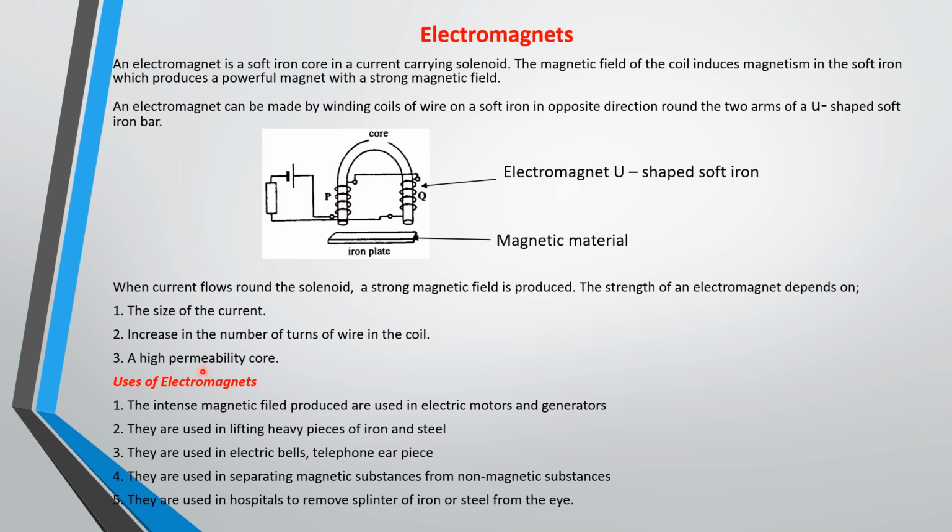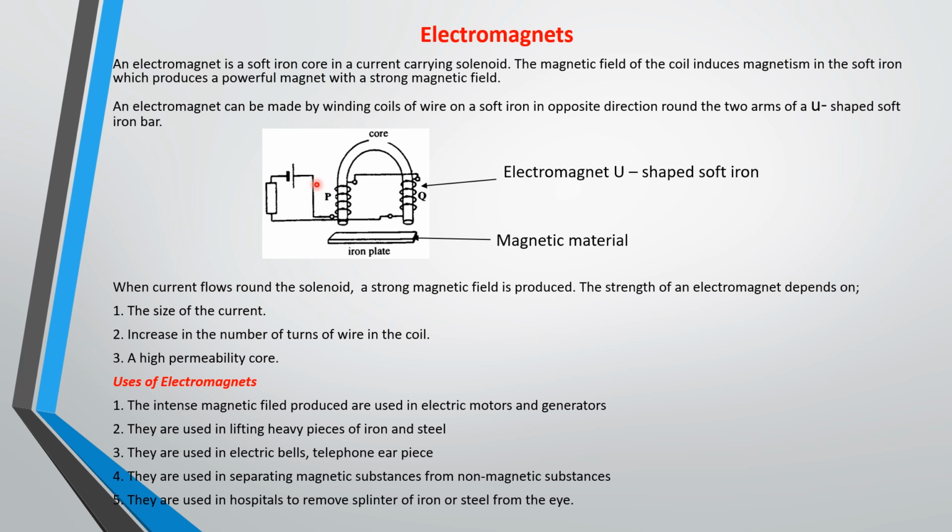Then a high permeability core, a very good iron core, makes the magnetic field very strong. Those are the factors that determine the strength of the magnetic field produced.